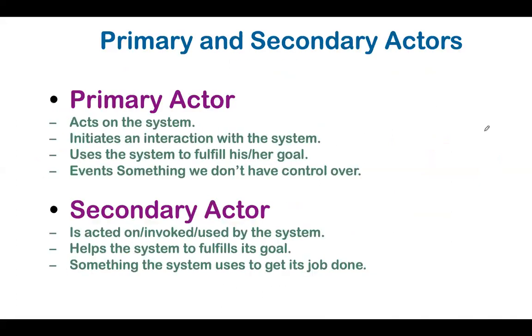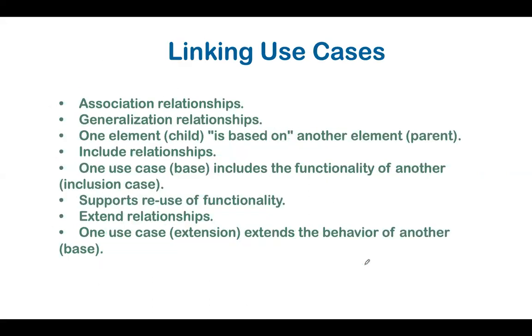So a secondary actor is acted on by the system and helps the system to fulfill its goal, because the system may want to display people's balance or make payments of certain bills for the customers. The application doesn't have the money, but the money is from the bank. So something the system uses to get its job done is what we call the secondary actor.